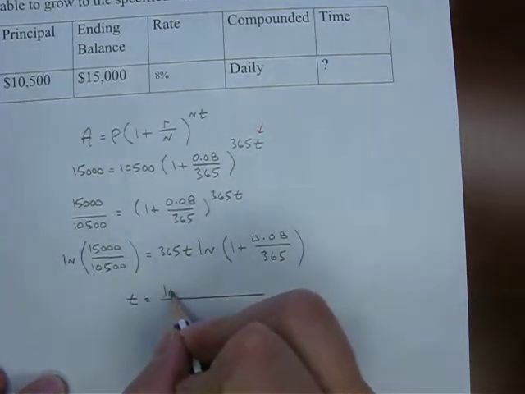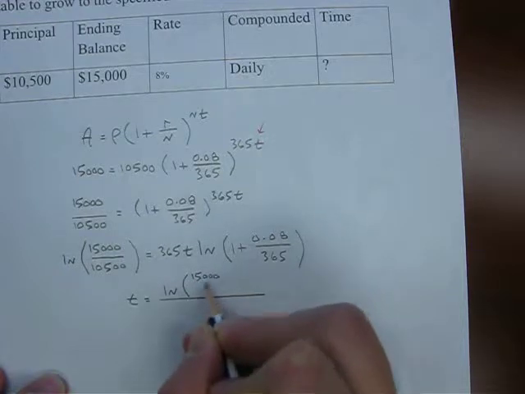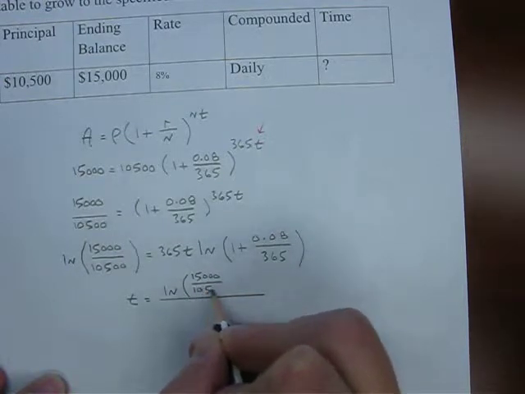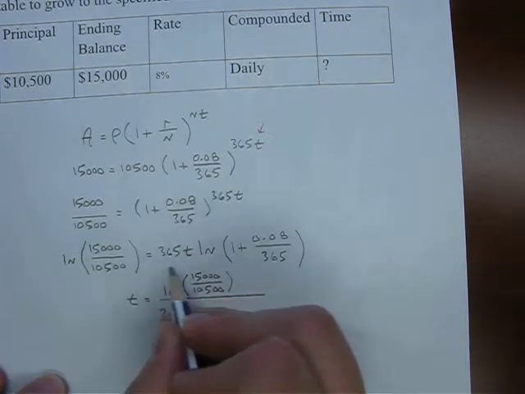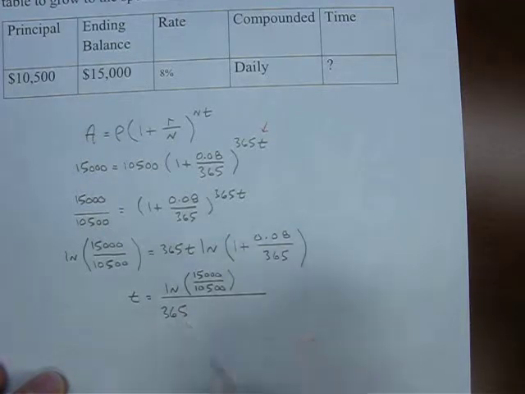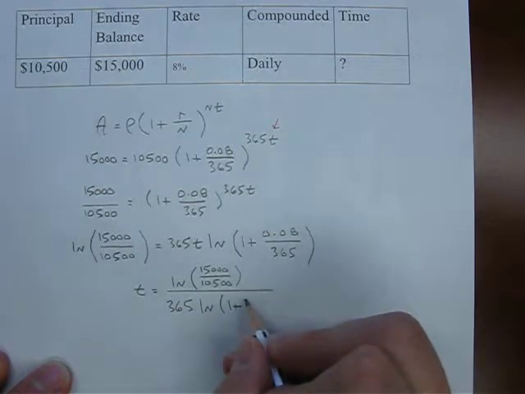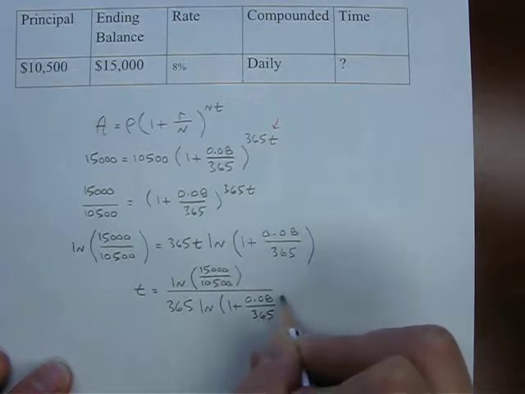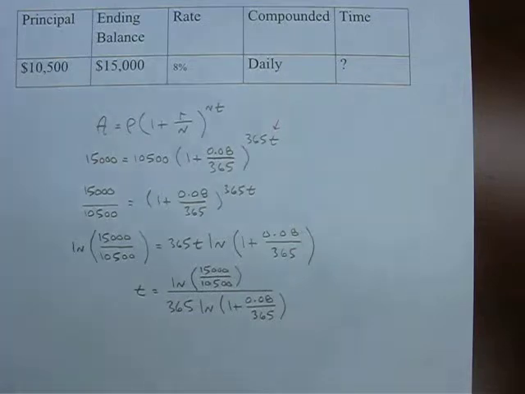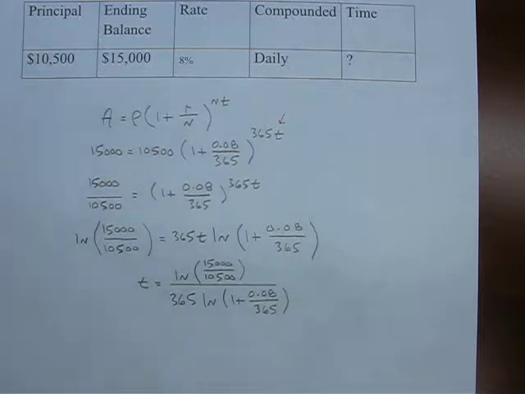It's going to be natural log of 15,000 over 10,500, over 365, and also divided by natural log 1 plus 0.08 over 365. Okay. All right. So that is my answer. That's definitely something that we'll use a calculator to figure out.